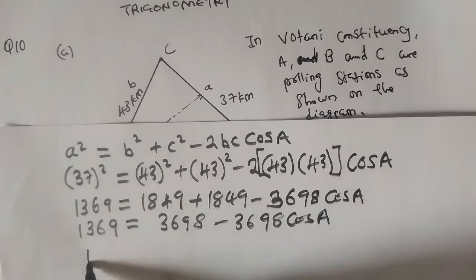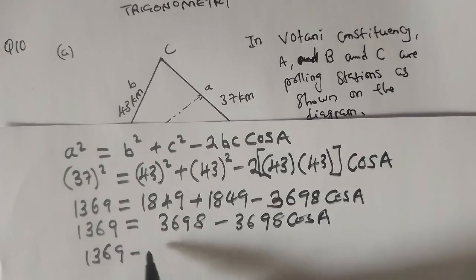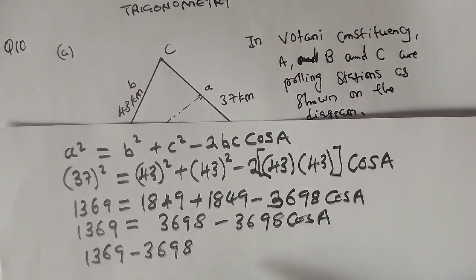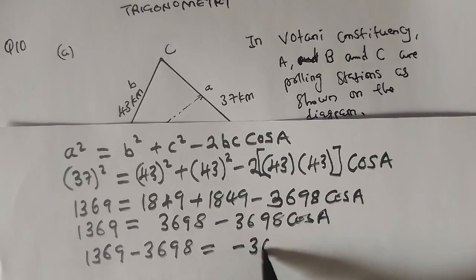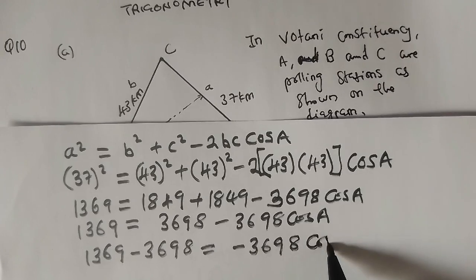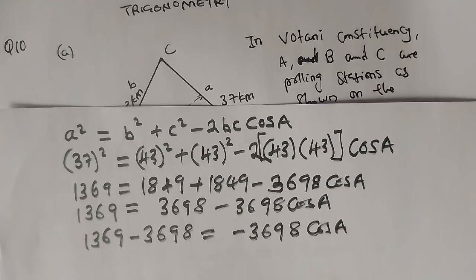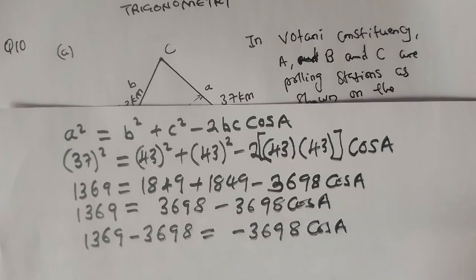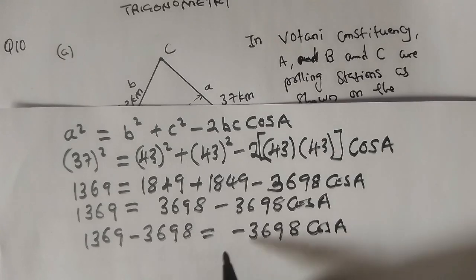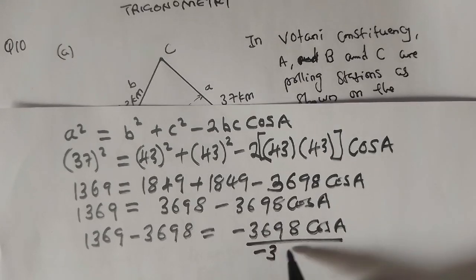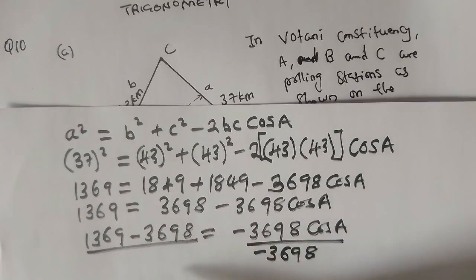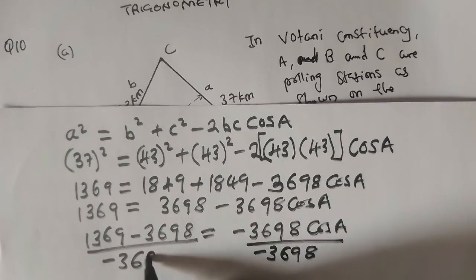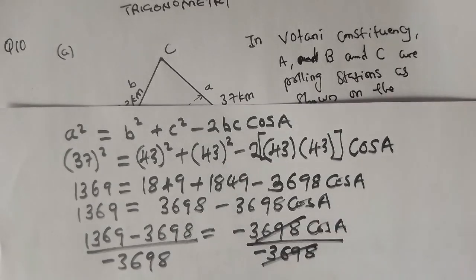This number goes this side, so you have 1369 minus 3698 equals negative 2329, and we remain with negative 3698 cos A. Once you subtract, you're going to divide both sides by negative 3698.